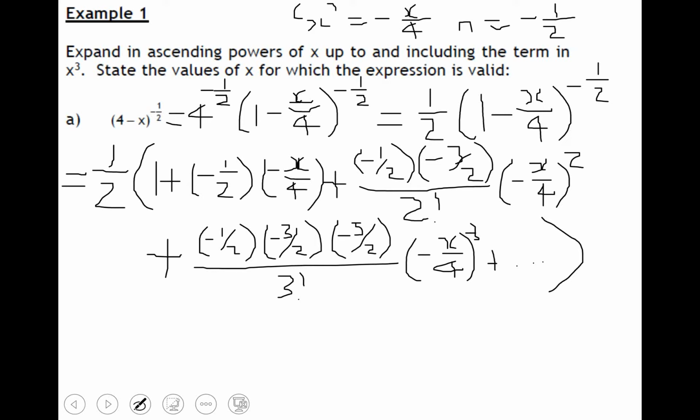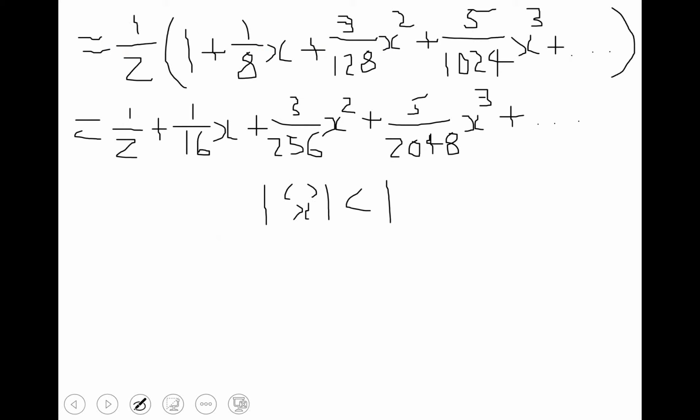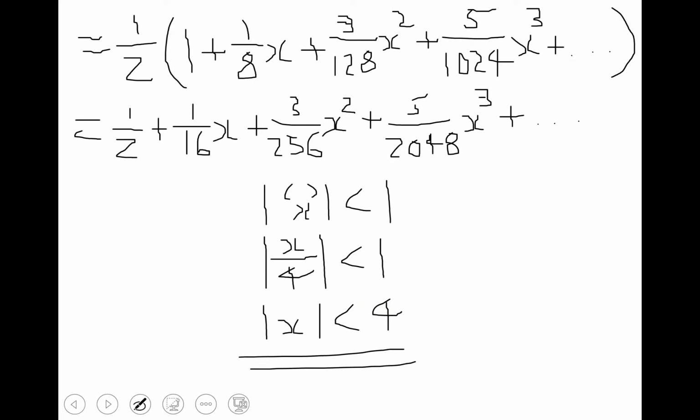We shouldn't go back to the original function, the (4 - x) to the minus a half. We should be using the one that we're expanding, the (1 - x/4) to the minus a half. Now we can ignore minuses because of the modulus signs. So the modulus of x over 4 is less than 1. So this expression is valid when the modulus of x is less than 4.